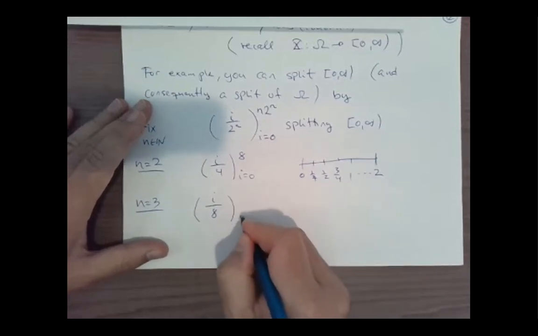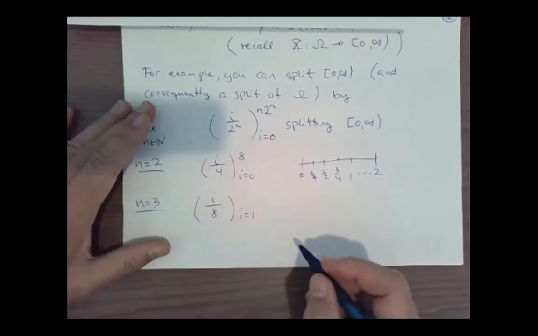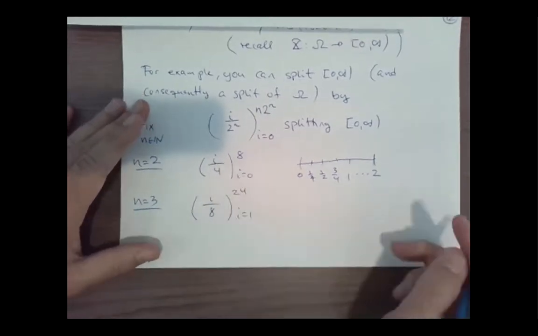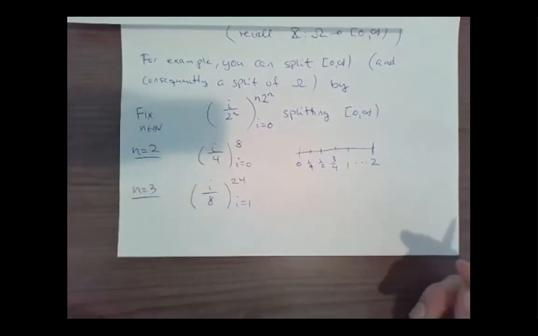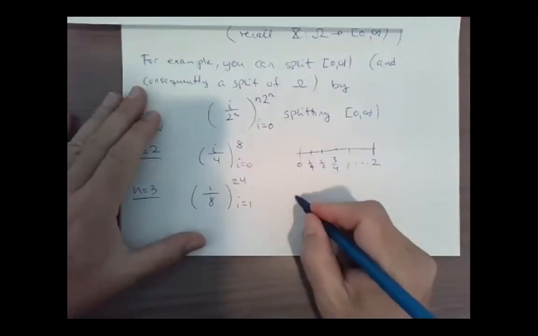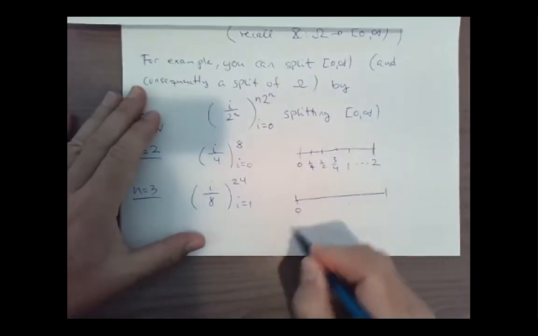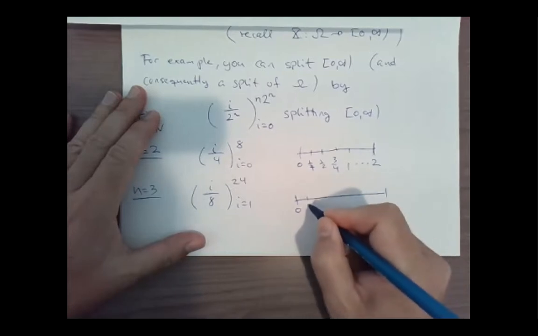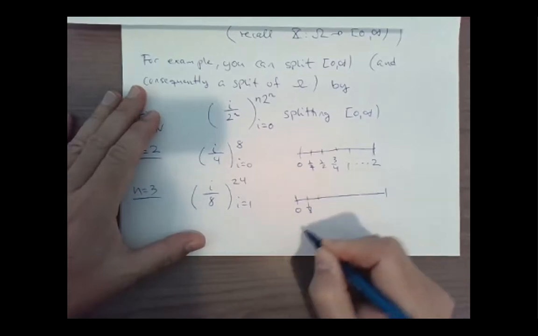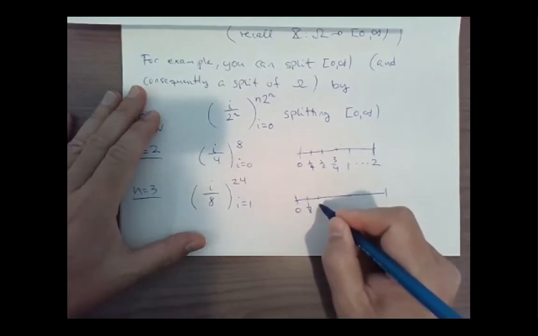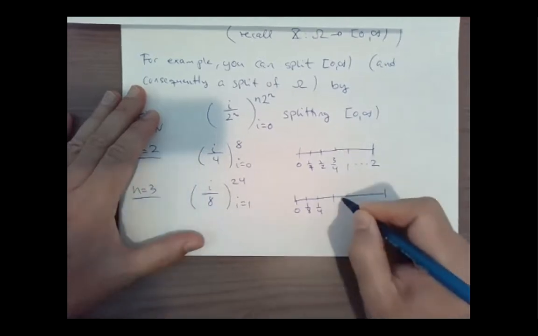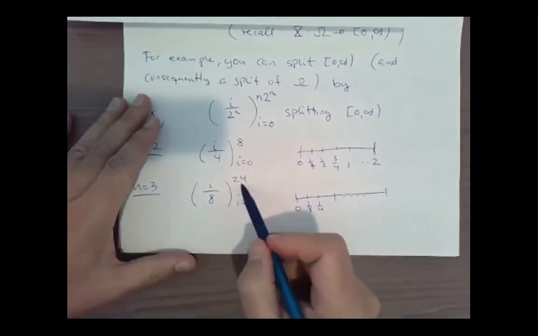And I'll be running 8 times 3, I'm running up to 24. And so now my splitting is going to run again from 0, and then this will be 1/8 now, and then it will be 2/8. This is 1/4. And the end point will go up to 3.